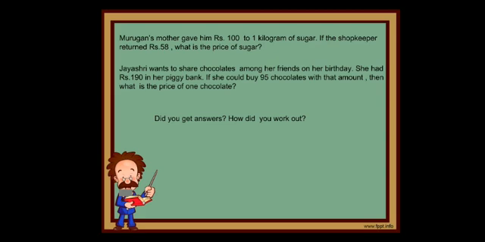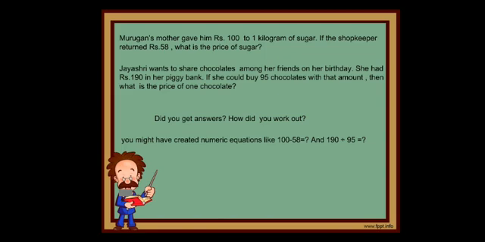So how can we get this? In the first situation, Murugan gave ₹100 and the shopkeeper returned ₹58. So if you subtract 58 from 100, you will get the price of sugar. In the second situation, for 95 chocolates it is ₹190, and for one chocolate it will be 190 divided by 95.